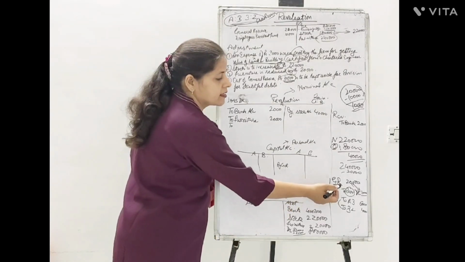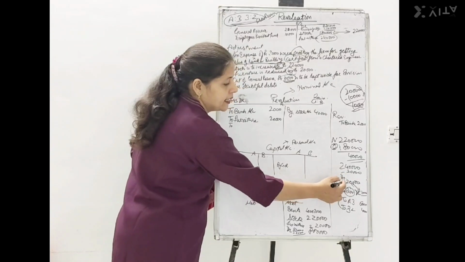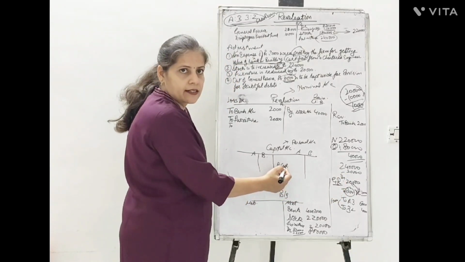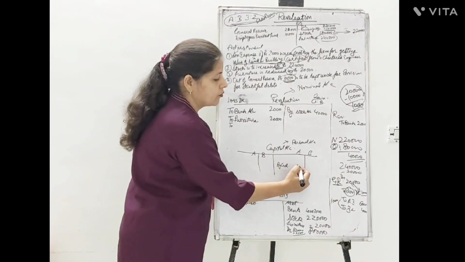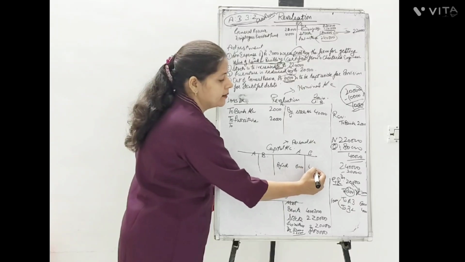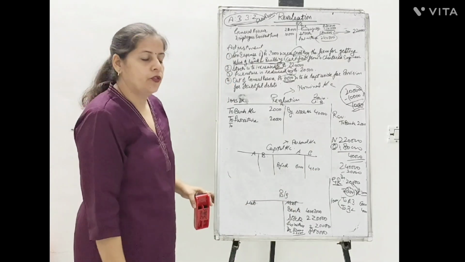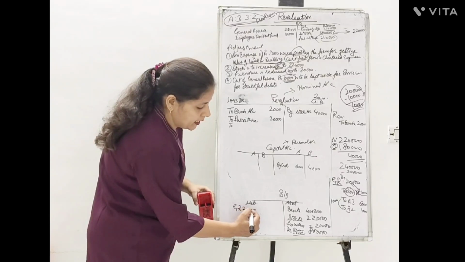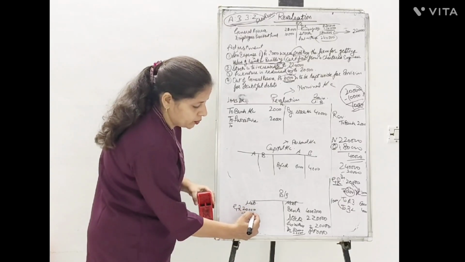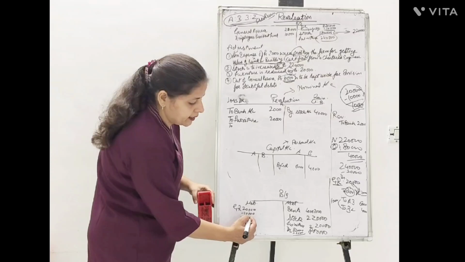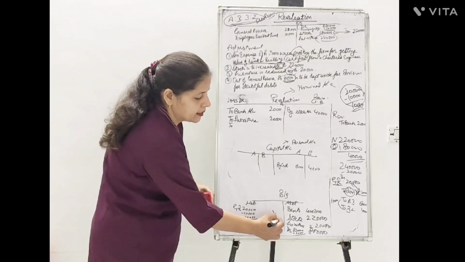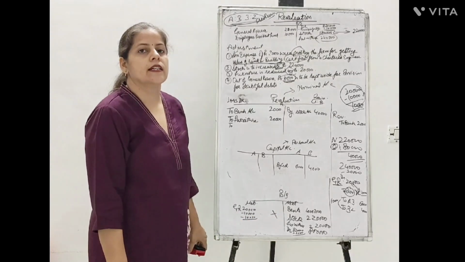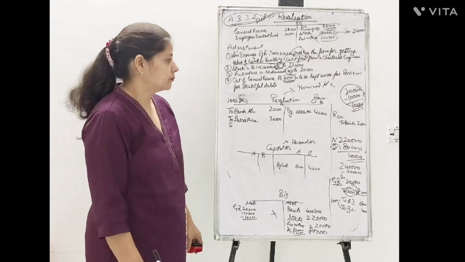So the entry is general reserve account debit, and A's capital account is credited with 6,000 and B's capital with 4,000. Out of 20,000 general reserve, 10,000 went to provision and the remaining 10,000 was distributed among the partners. So no general reserve is left here.